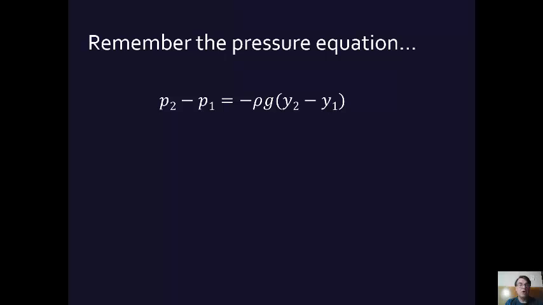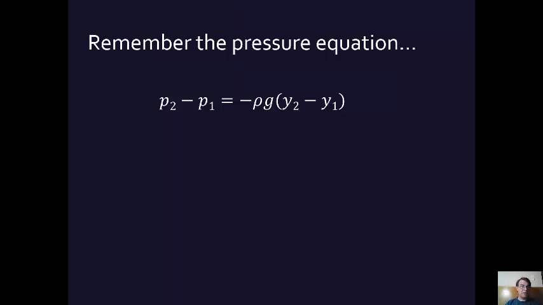Well, you might remember that there's a pressure equation having to do with the pressure differences between, say, 2 points in a tube where the fluid isn't flowing. The difference between the pressure at point 2 in that tube and at point 1 is going to be the negative of the density, that's a rho, not a p, which is, again, mass per volume, times g, the gravitational acceleration constant, well, it's not constant, 9.8 meters per second squared, and then the difference in height between the 2 points.